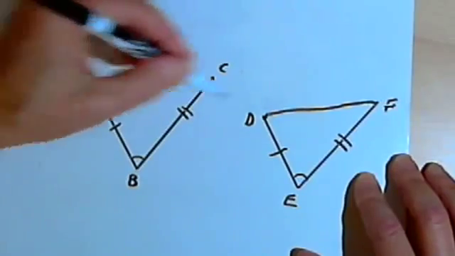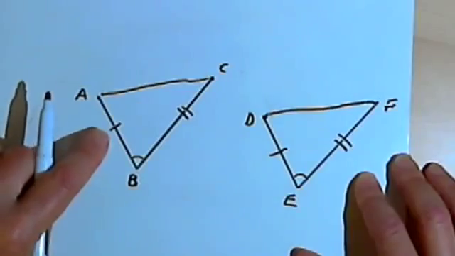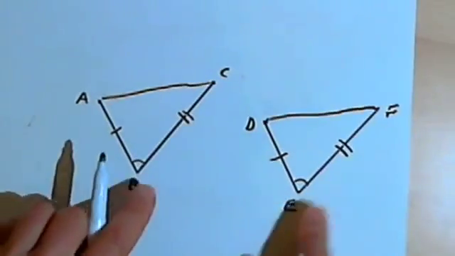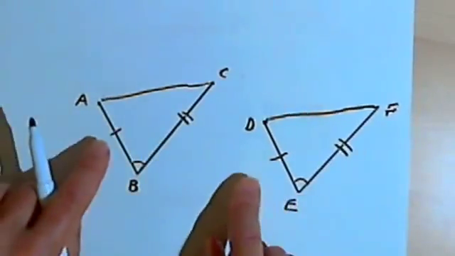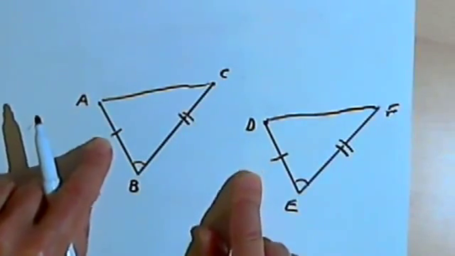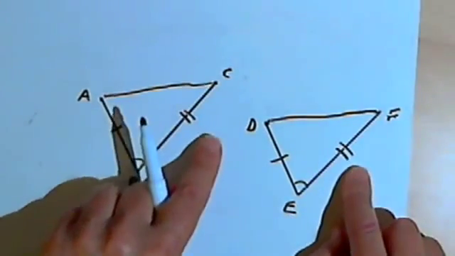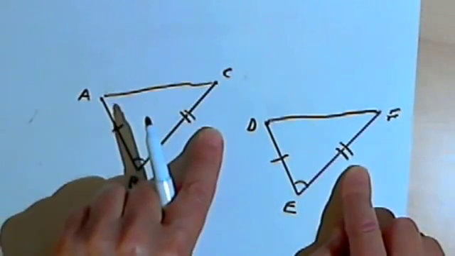So therefore, these 2 triangles must be congruent. This is going to be called side-angle-side congruence. I've got a pair of sides that are congruent, and then a pair of angles that are congruent, and another pair of sides are congruent.